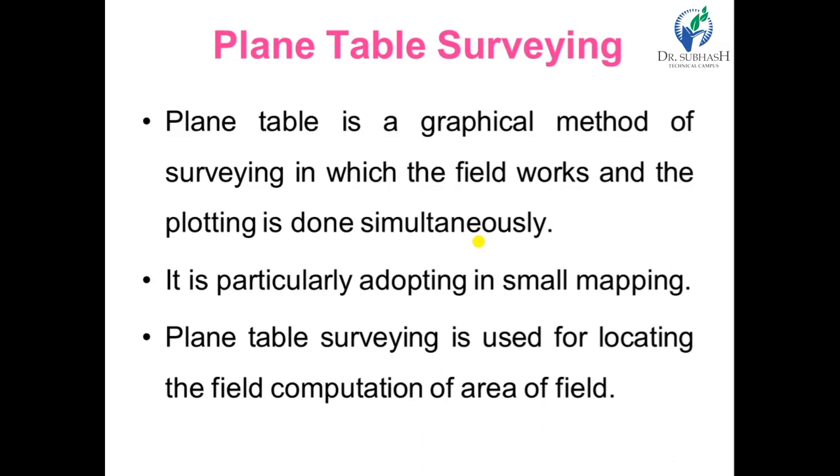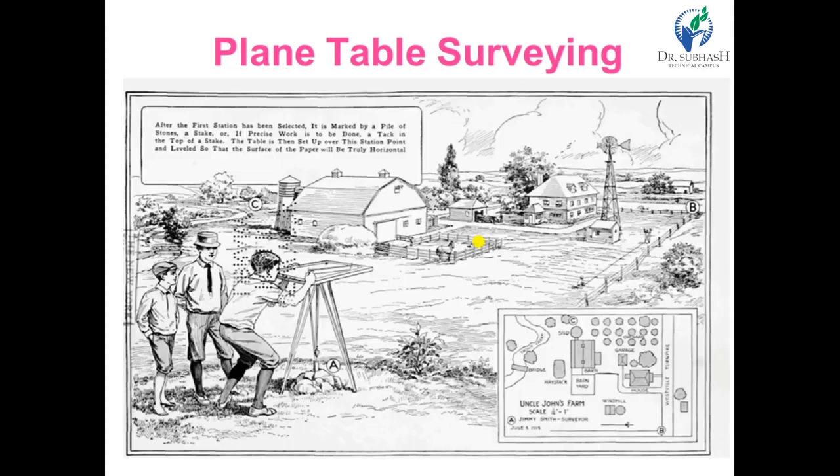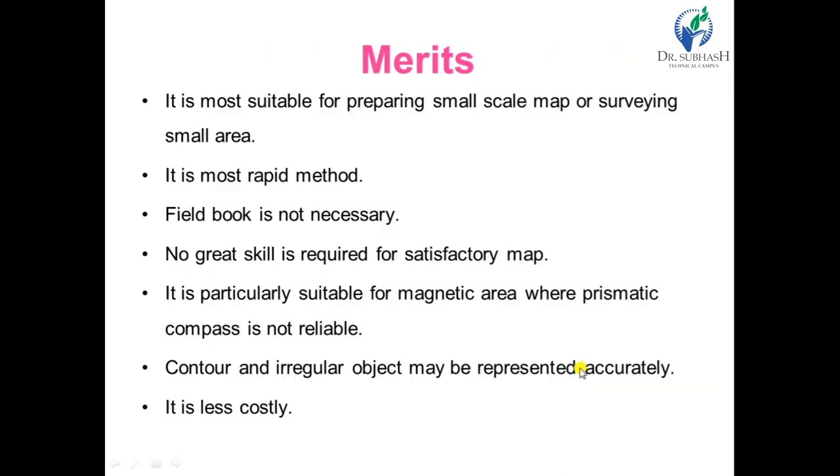Plane table surveying is used for locating a field and computing the area of a field. This picture represents plane table surveying. One person sits beside the table and sights an object using the alidade, and marks the points on the map. That is the type of map prepared in plane table survey.